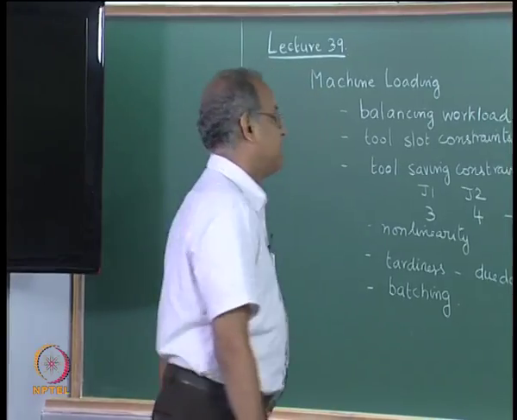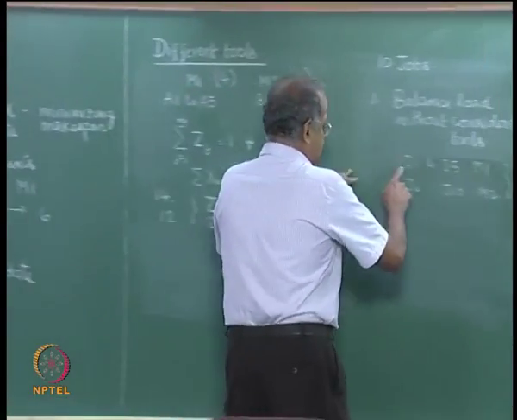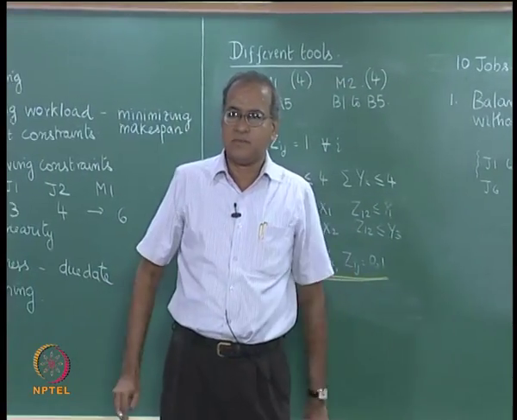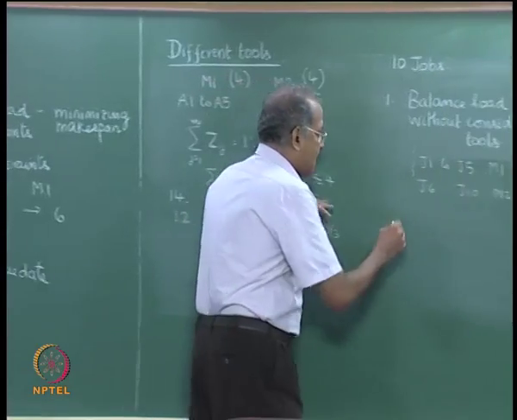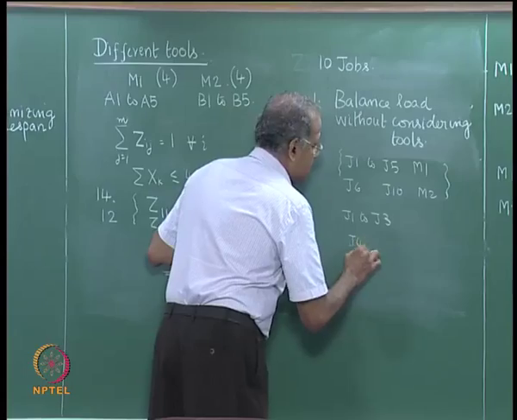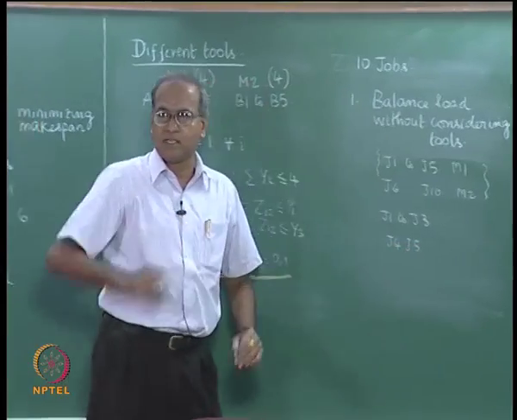For example, if in this 3 we divide them into 2 batches, and if let us say J1 to J3 go to the first batch, J4, J5 go to the second batch.